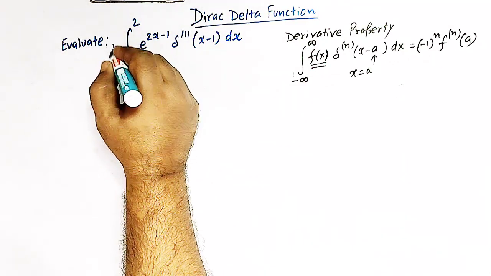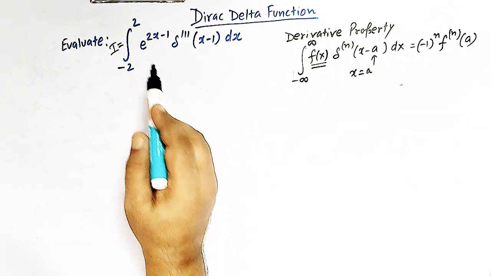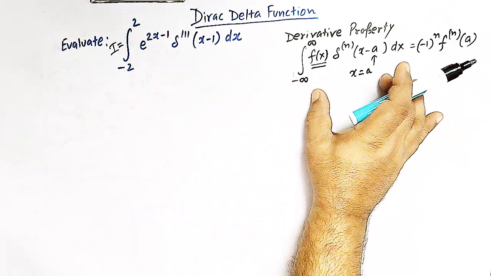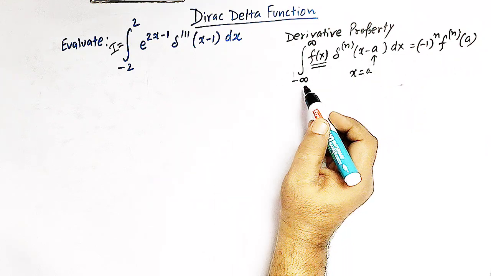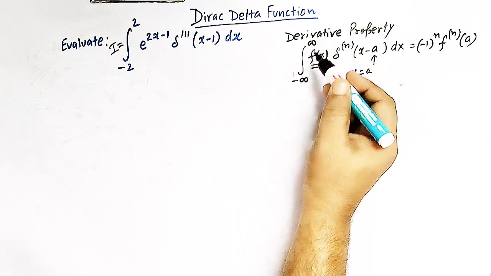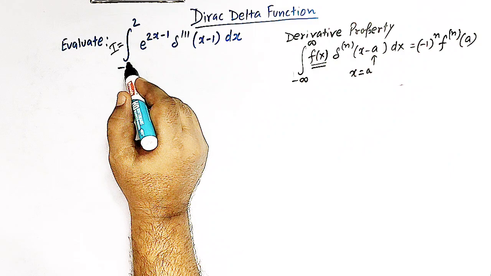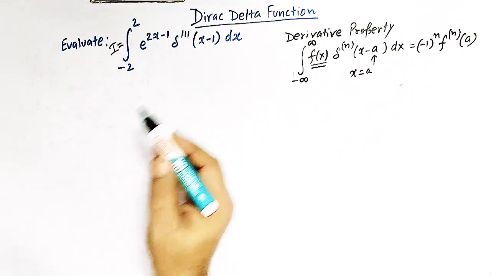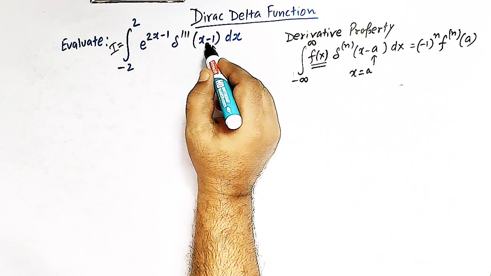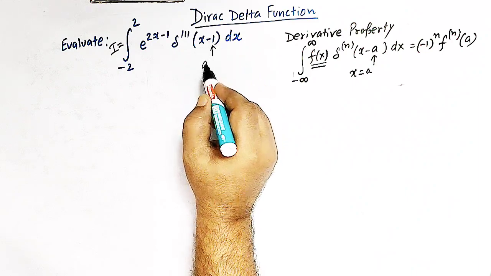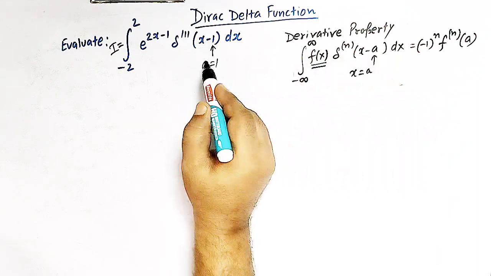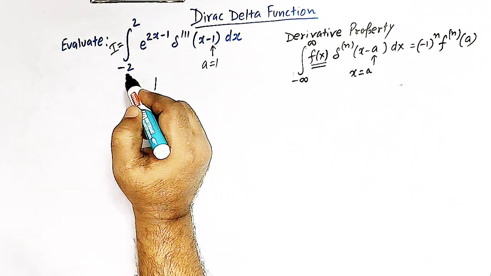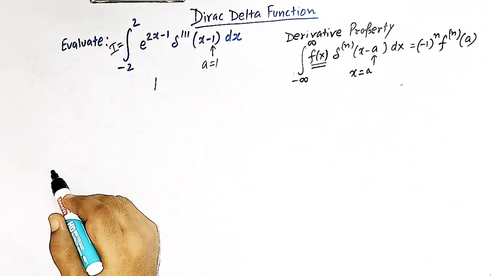So now let us call this integral as I, and let us compare this integral with this one. Right now, see here the limits are from minus infinity to infinity, but here we have the limits that is from minus 2 to 2, and we can see that at this point, that is a is equal to 1, it lies within the boundaries, that is minus 2 to 2, right?